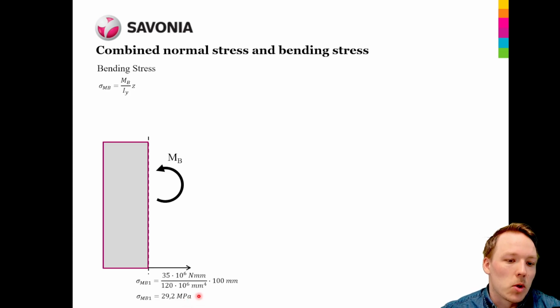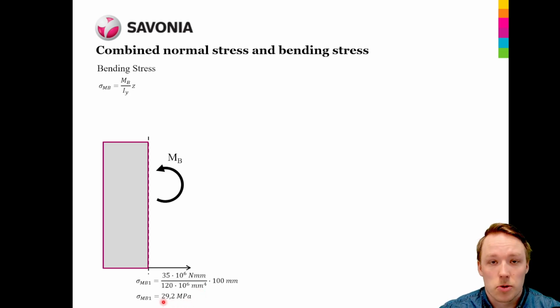A very important thing, which I have said multiple times, is that you always must use newtons and millimeters as units in these calculations, and that way the results will be straight away in megapascals. And the same thing is in here.